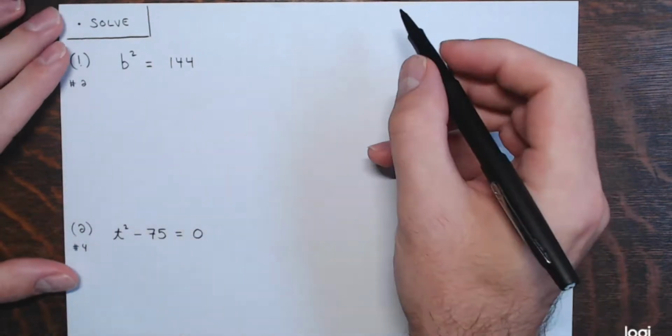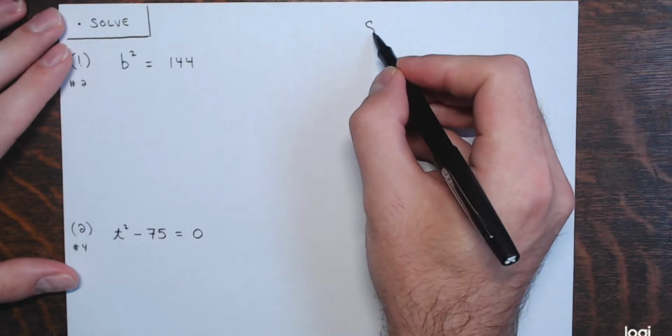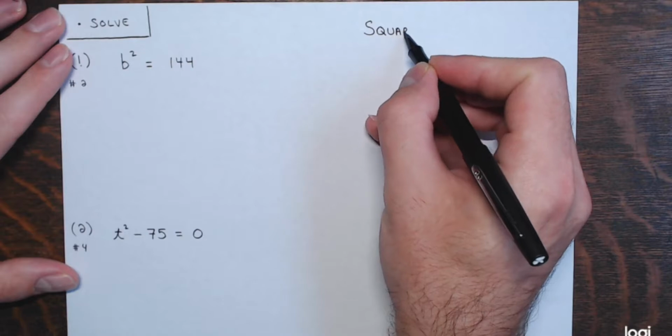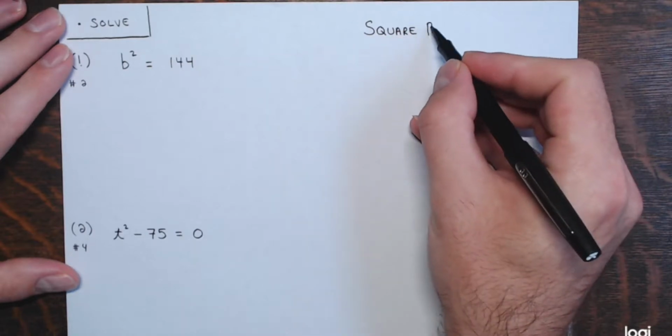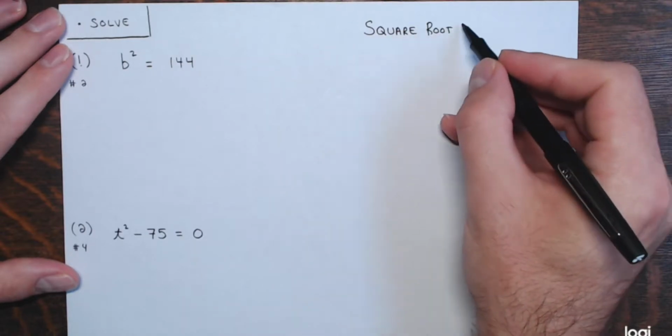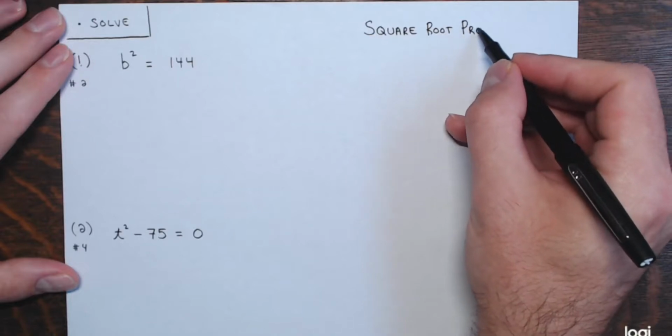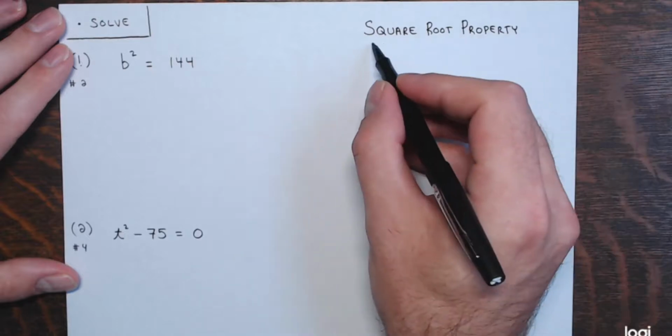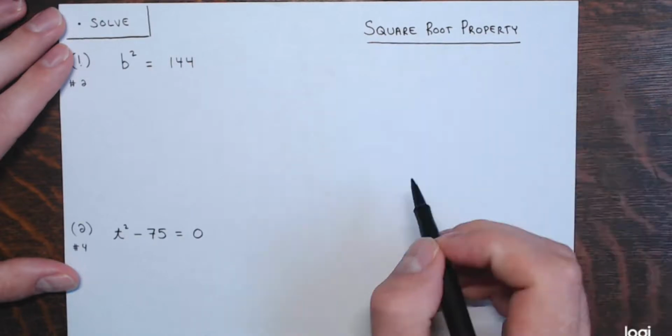And in each of these, we're going to be using something called the square root property. Right, so I'll write that off to the side here. The square root property. And this states the following.